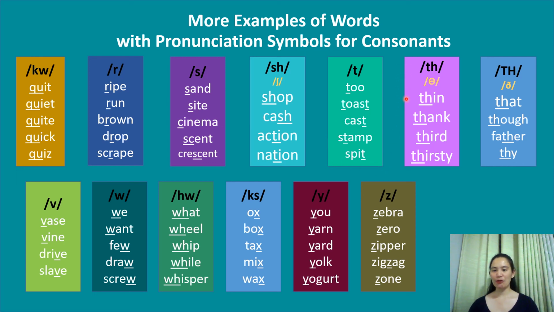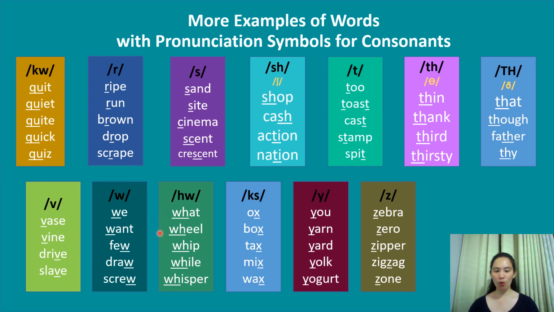Th: thin, thank, third, thirsty. Th: that, though, father, thy. V: vase, vine, drive, slave. W: we, want, few, draw, scrawl.